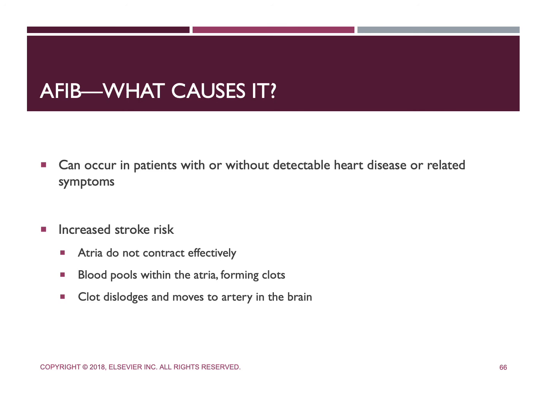Because the atria do not contract effectively and expel all the blood within them, the blood may start to pool within these chambers and form clots. So that's what we're talking about, the atrial thrombus, meaning clot. And then the clot may dislodge on its own or because of a conversion of AFib to a sinus rhythm as well.